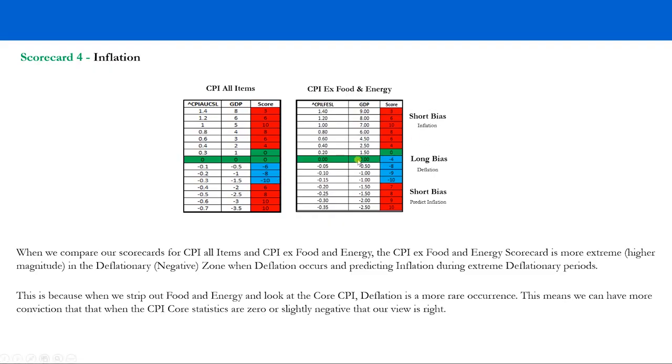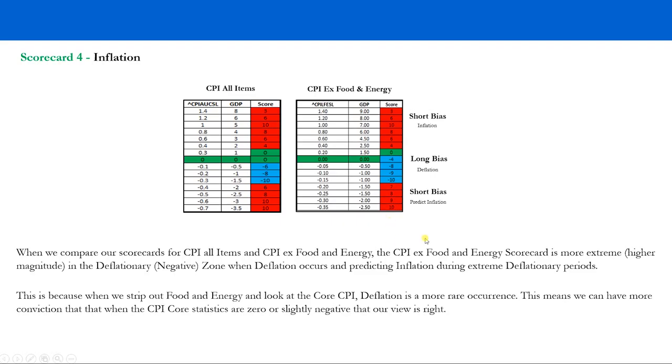And we can also note that at the zero bound, at zero values, we even consider this deflation as well. We can also see that the numbers are slightly more extreme here in the extreme case. So when we have a short bias towards the currency, because we're going to predict inflation as a result of central authority action, we have a slightly higher magnitude short currency bias in the deflationary zone here.